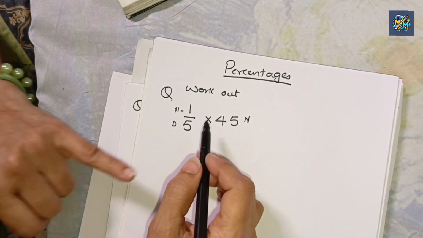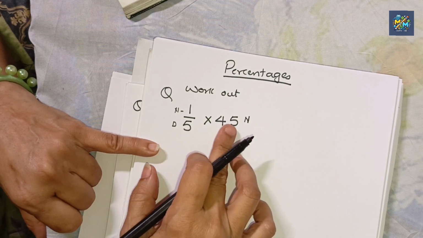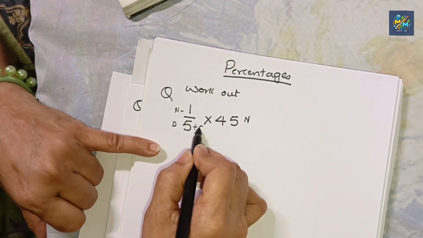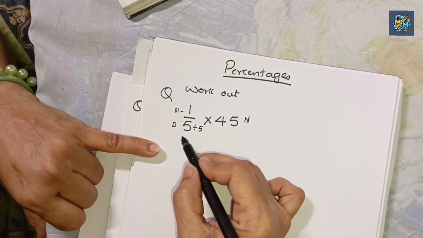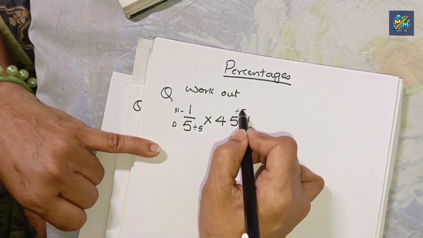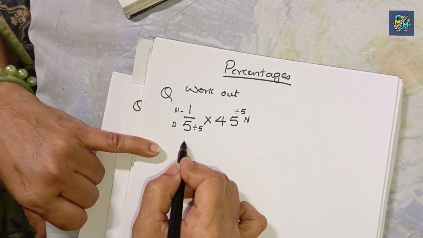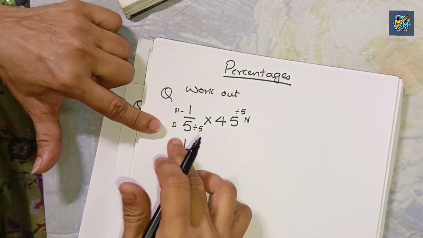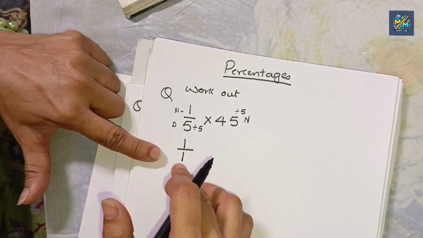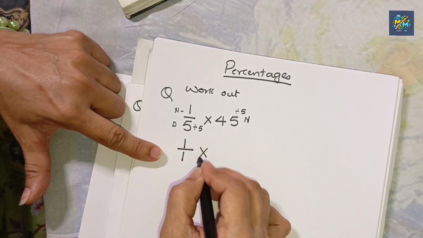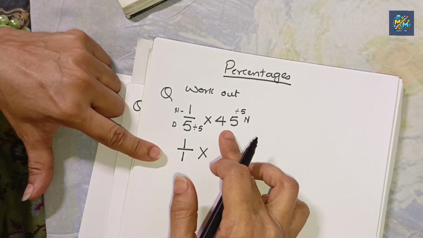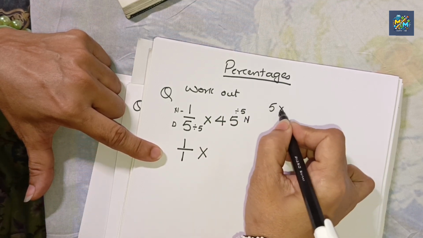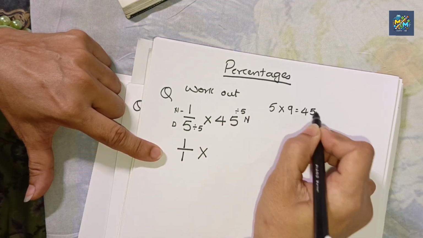I will be checking in the table of 5, is 45 there? Yes. So I'm going to use the table of 5. I will be dividing 5 by 5 and 45 by 5. So what I'm going to get is 1 upon 1, because 5 divided by 5 is obviously 1, and then when 45 comes in the table of 5, 5 times 9 is 45.